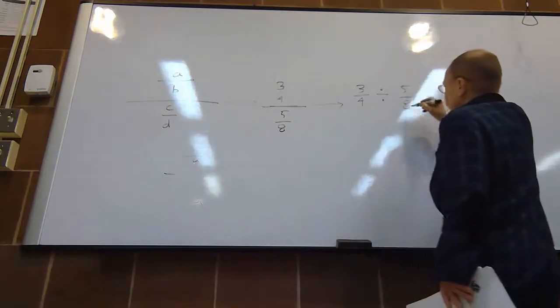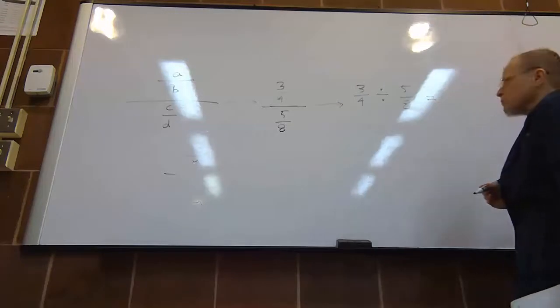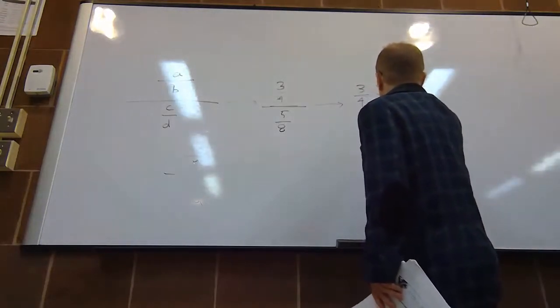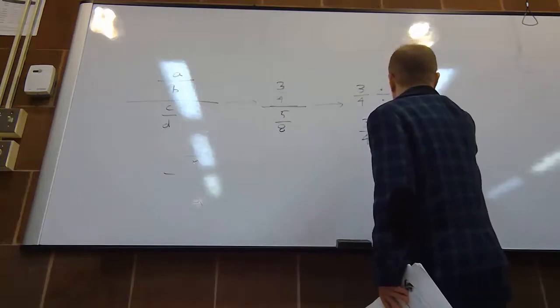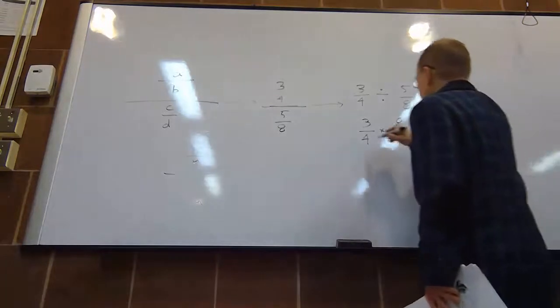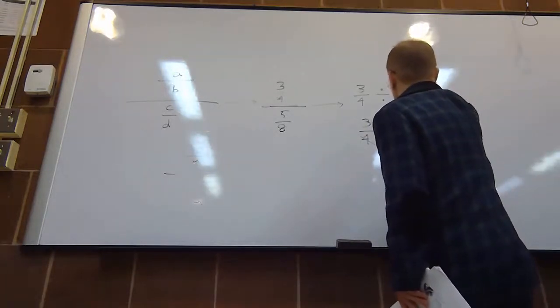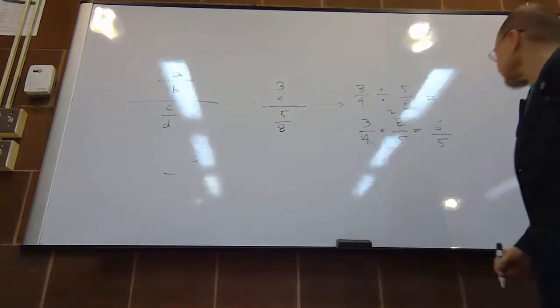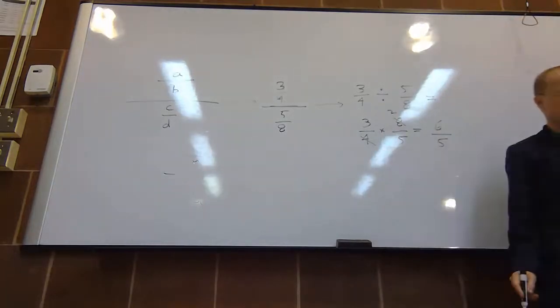And this will be equal to, now turning it into a multiplication problem, 3 over 4 times 8 over 5. And then we see that, again, 2, 6, and again we get 6 over 5.